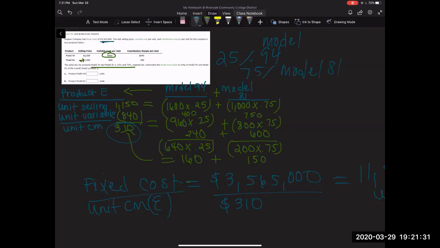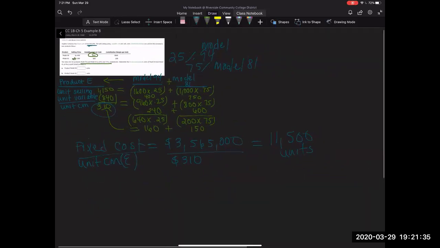We use those numbers to calculate how the 11,500 breaks out between model number 94 and model number 81.